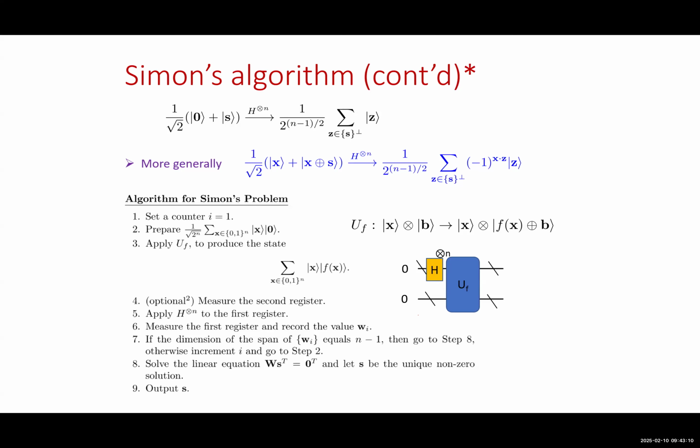And then you have enough constraints. Now these w form a linear matrix. This times s will be 0. So you just need to find the s. Okay, so basically that's the algorithm.